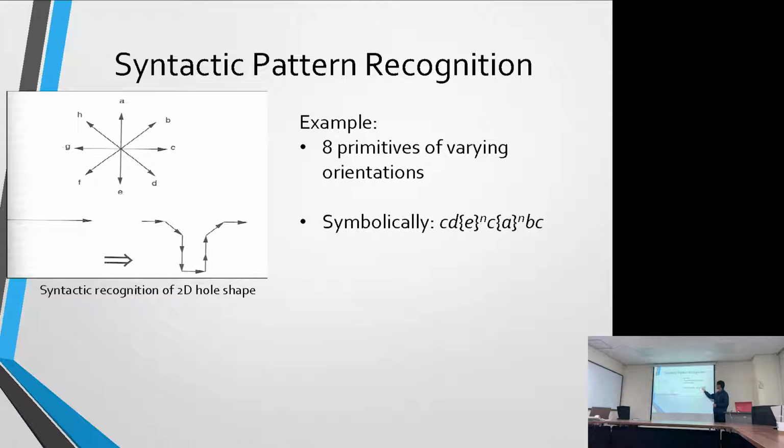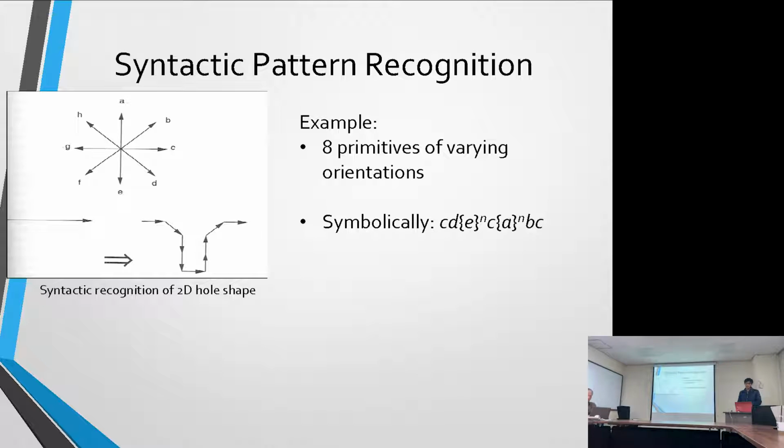For this case, n is 2. So you can see that first you start with the C orientation, then the next one is the D orientation, then the E orientation twice, and then the C orientation, and so on until you get the 2D hole shape.